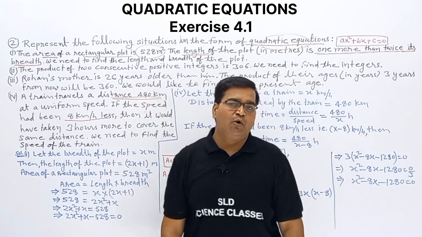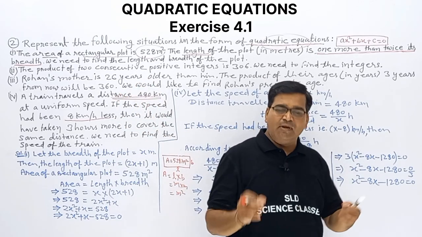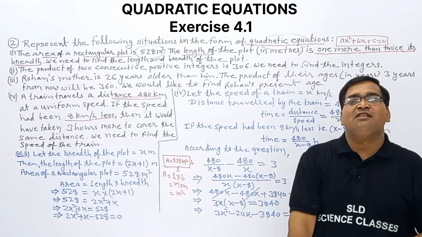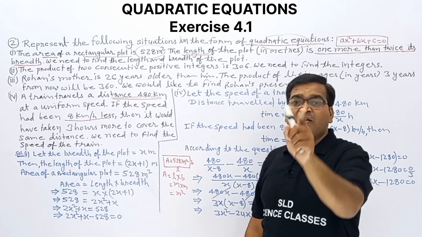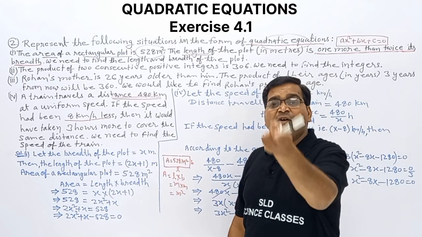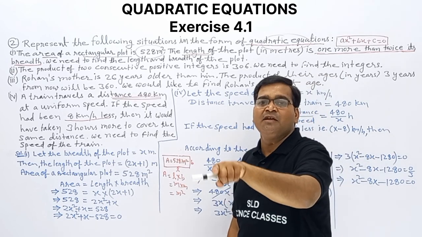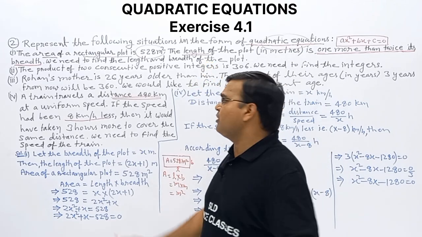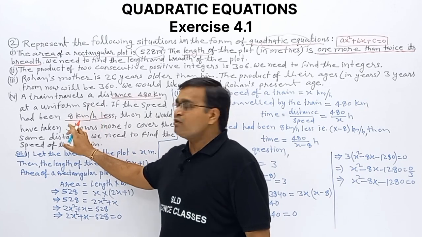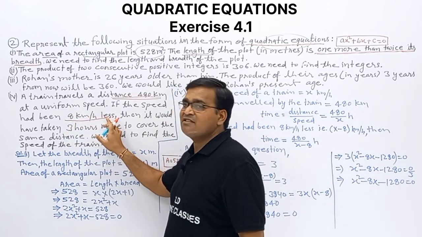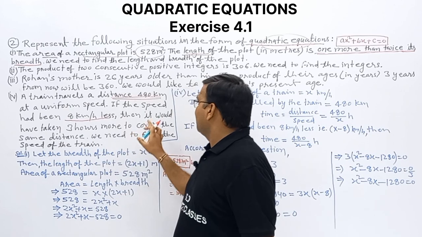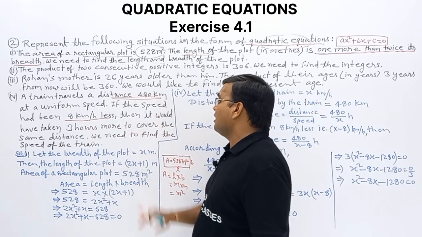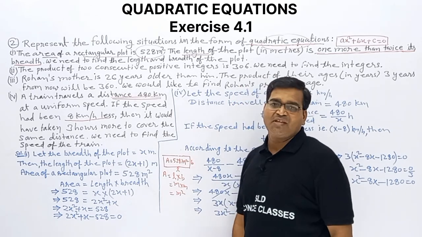So 480 kilometers we are traveling, the train is going uniform, but one condition is that if we reduce the speed, whatever speed we are having, from that speed we are reducing 8 km per hour less, then time will be more. Then it would have taken 3 hours more to cover the same distance.